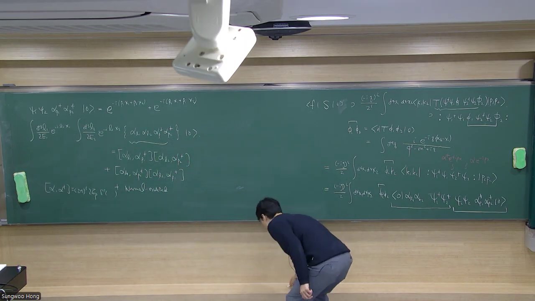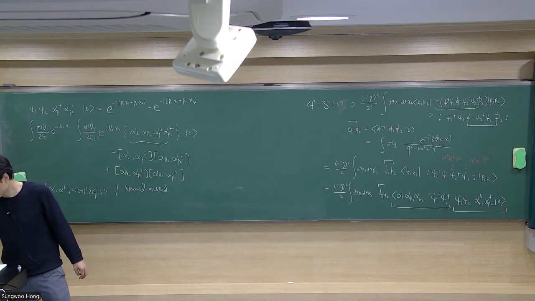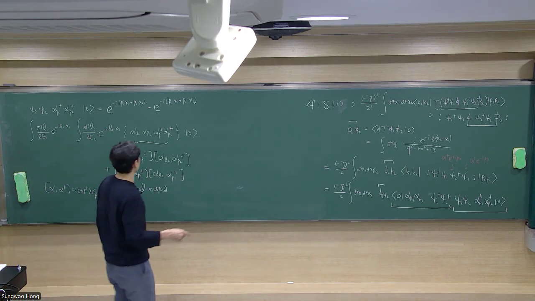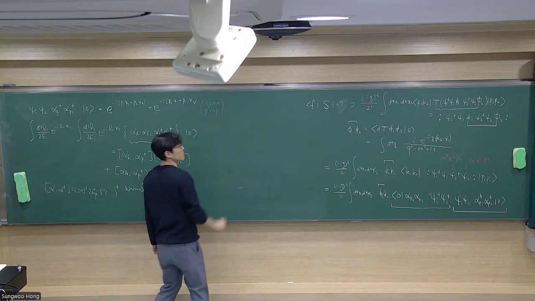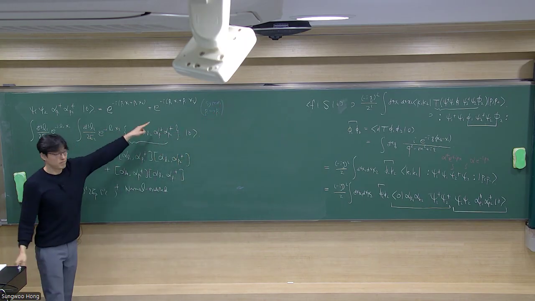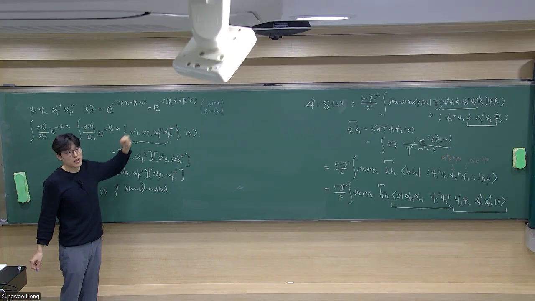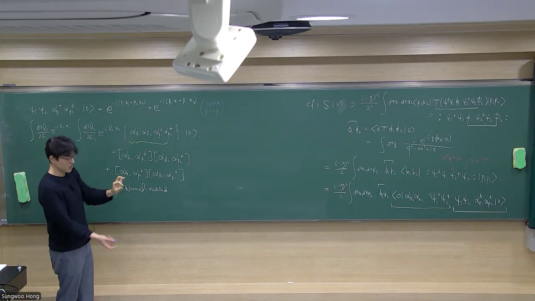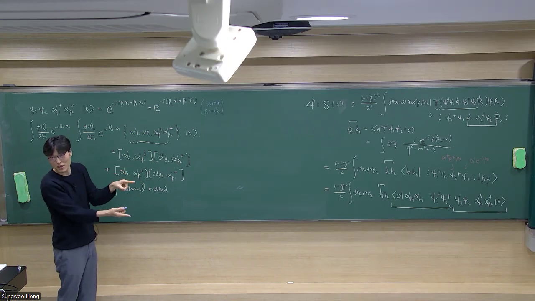Here you can already see a feature that you want to see. This is manifestly symmetric in the exchange of p1 and p2. Right? There's a relative plus sign here. And that's what you want to see, because here there are n particles, which are bosonic particles in this particular example that I'm studying.